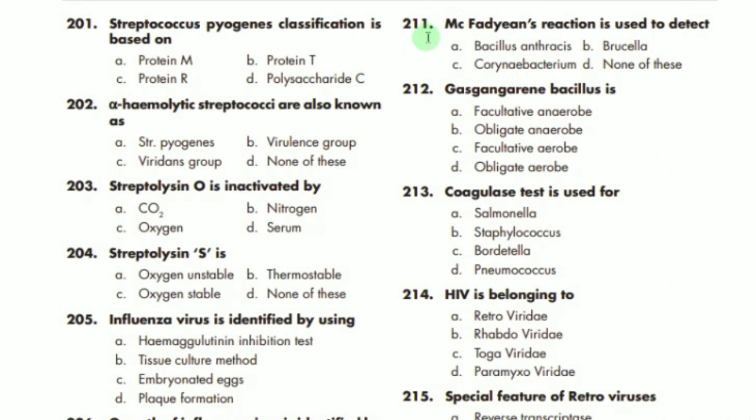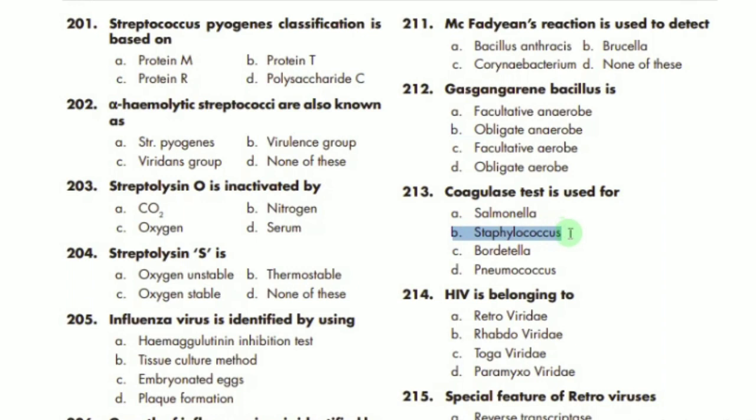MCQ 211 says that the Mc Fadyean's reaction is used to detect Bacillus anthracis, which is the correct option. Gas gangrene is mostly caused by obligate anaerobes. B is the correct option. The coagulase test is mostly used for Staphylococcus aureus.